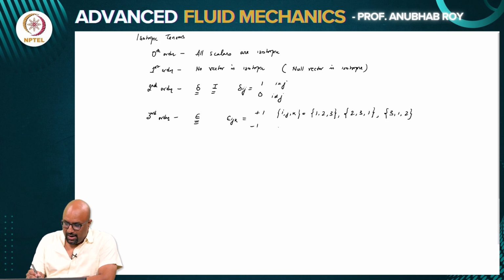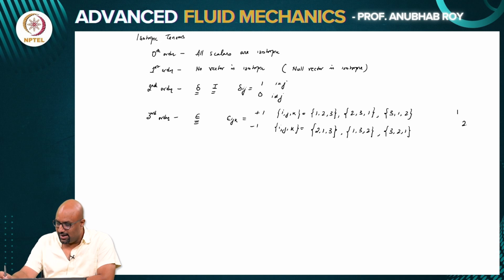It picked up a -1 value if the indices i, j, k were to take anticyclic values. So, 2, 1, 3 or 1, 3, 2 or 3, 2, 1.